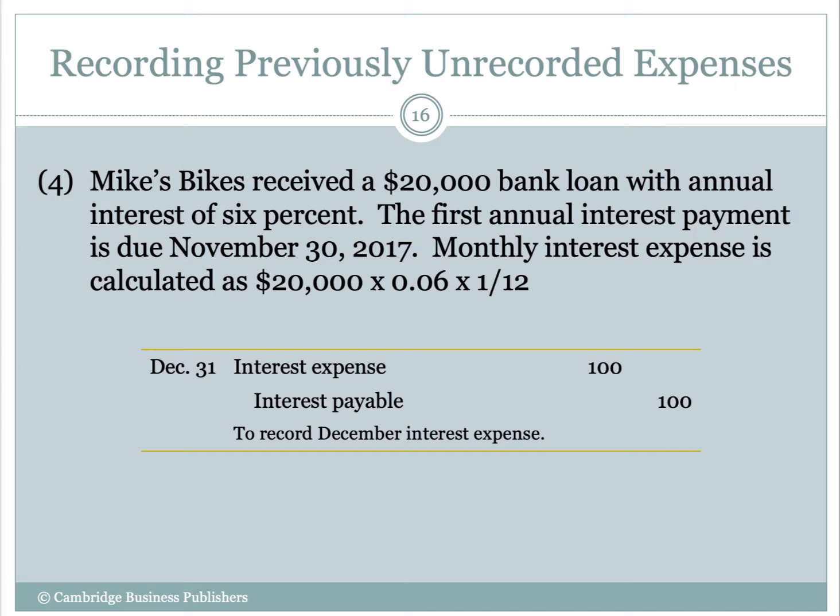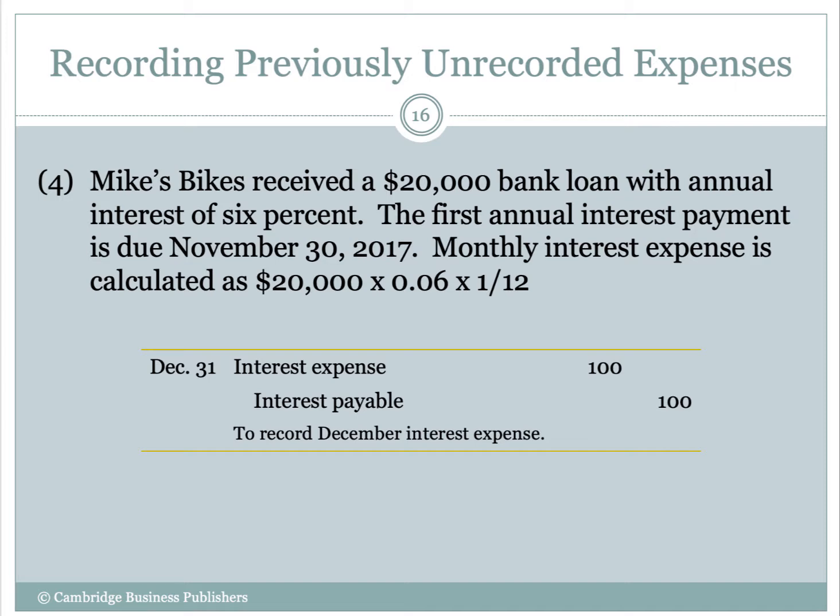The first annual interest payment is due November 30th, 2017. Okay? So, we're at December 31st.